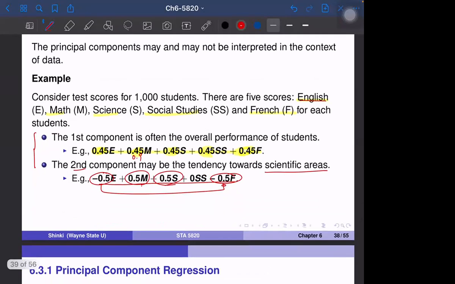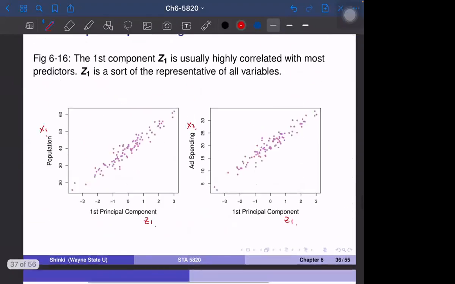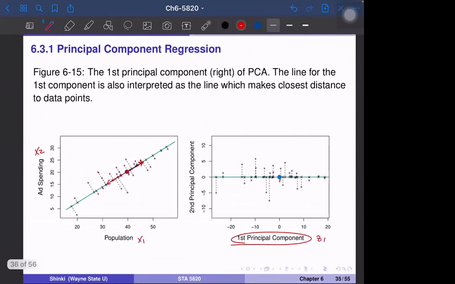How can we determine these coefficients? The coefficients are determined by the algorithm: we maximize the variance of Z1. We will discuss the mathematical argument later, but basically it is automatically determined by this method.